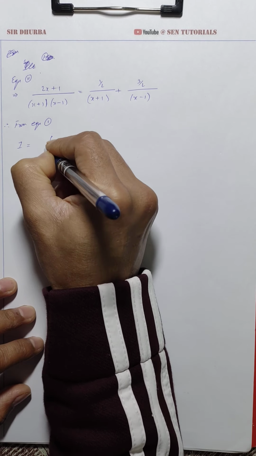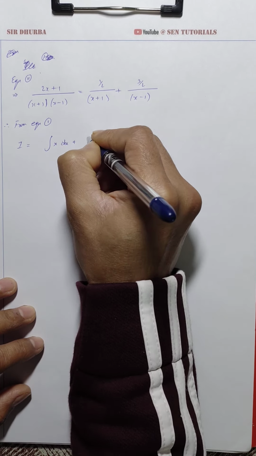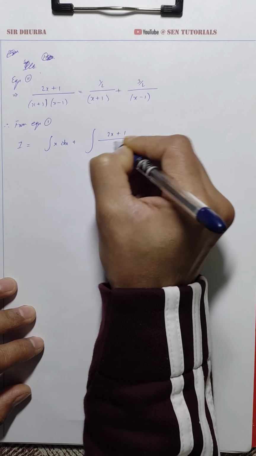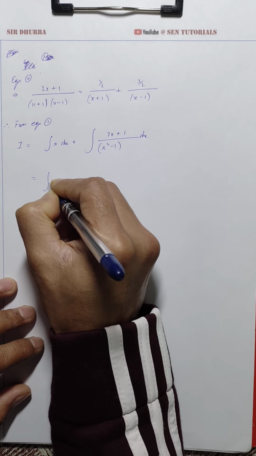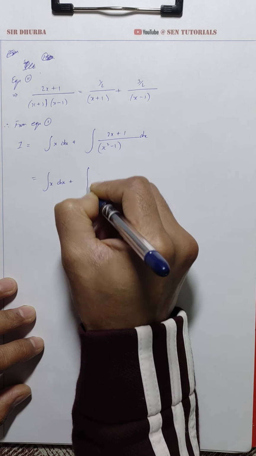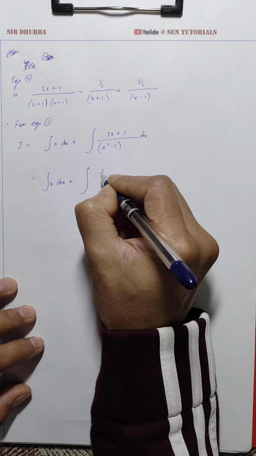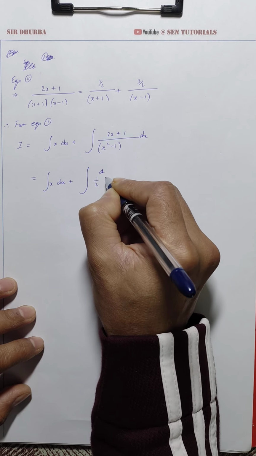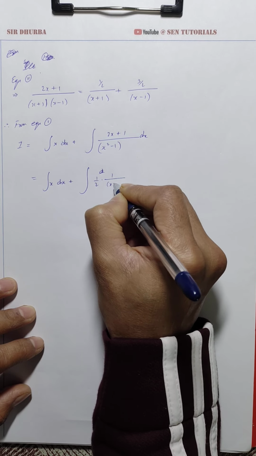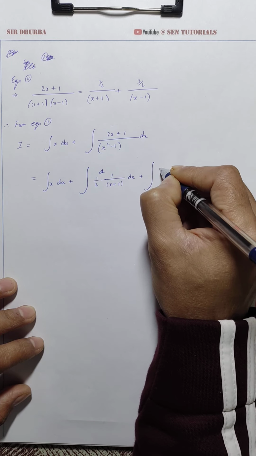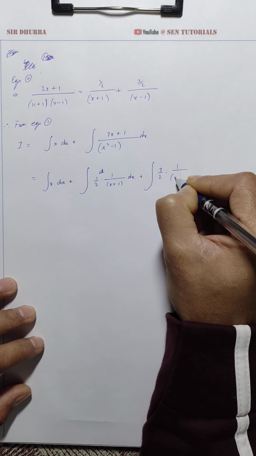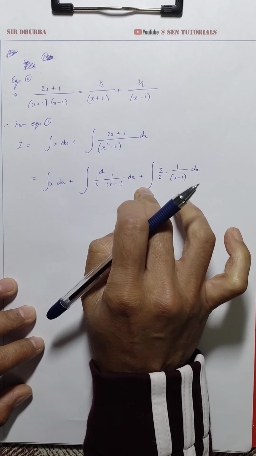The integral value is integral of x with respect to x plus integral of 2x plus 1 divided by x square minus 1 with respect to x. So this can be simply written as integral of x plus integral of, this value is this, 1 by 2 into 1 by x plus 1 with respect to x plus integral of 3 by 2 into 1 by x minus 1 with respect to x. I hope you have understood this, isn't it?